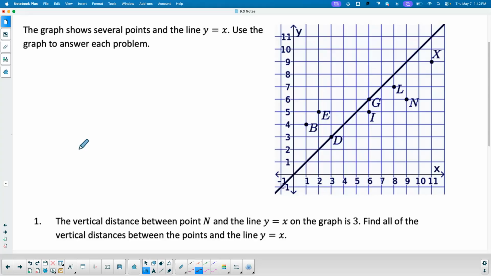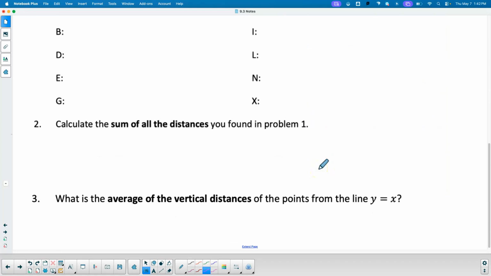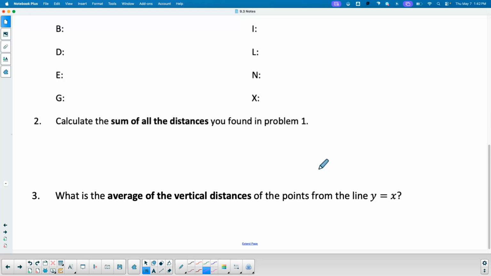The distance between point N and the line vertically right here is 3. Distances are always positive, even if the point is above the line. So it's asking you to find those, and then find the total and the average between all of those different ones and the line.